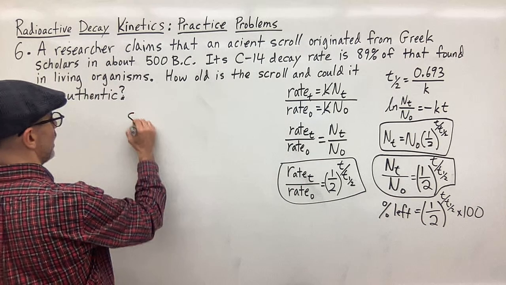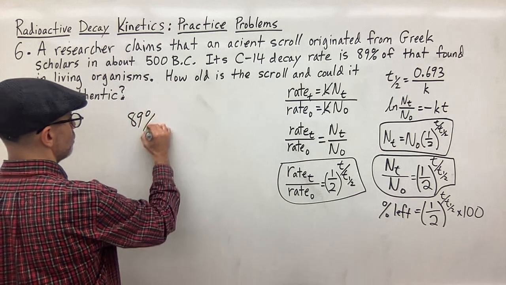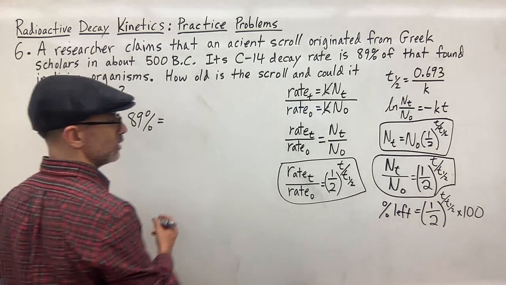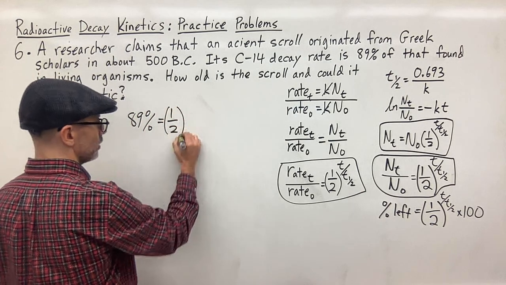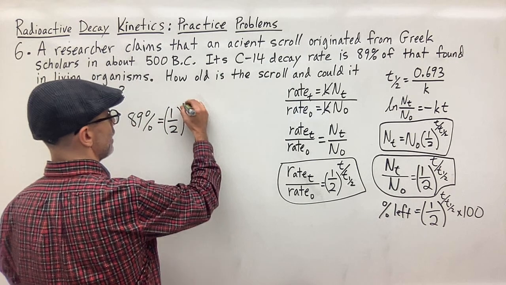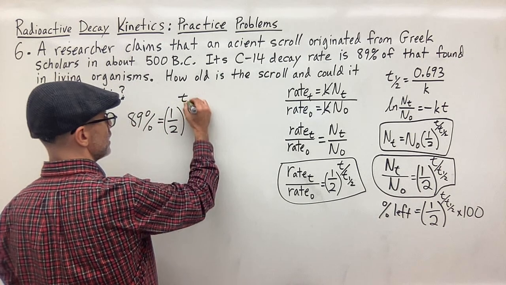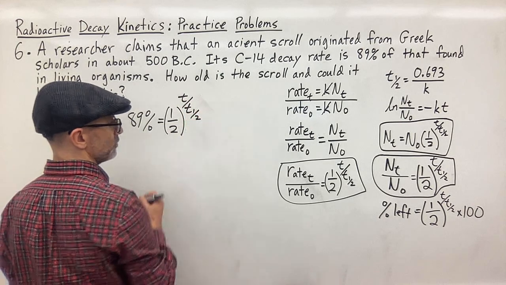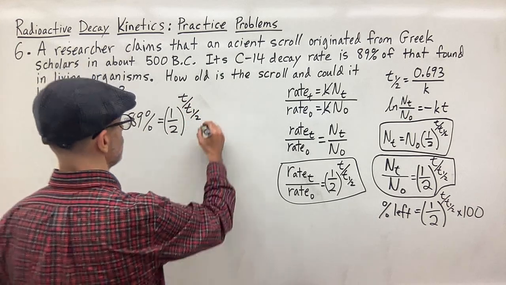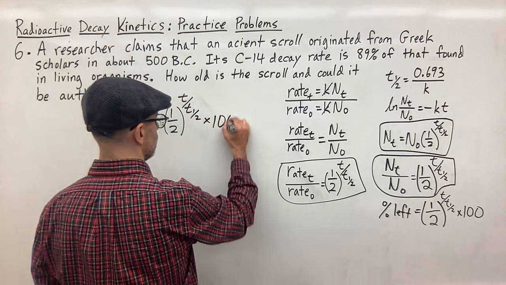89%. So 89% is equal to 1/2 raised to the power of t over the half-life, t 1/2, and that's going to be multiplied by 100.